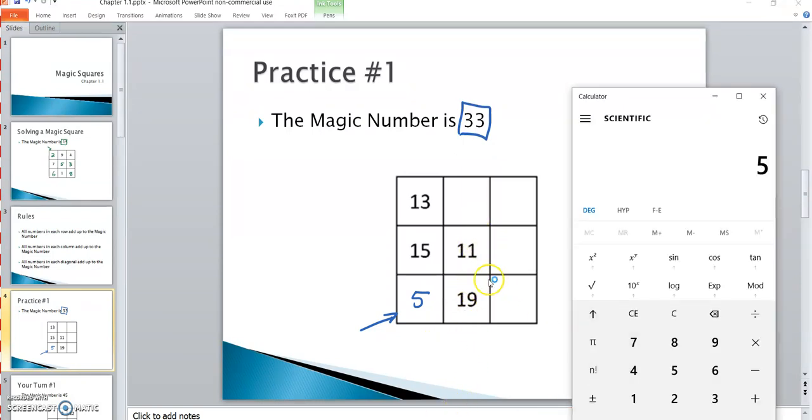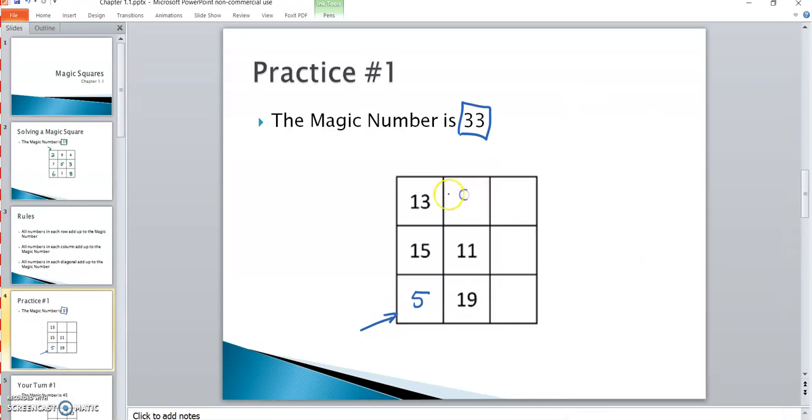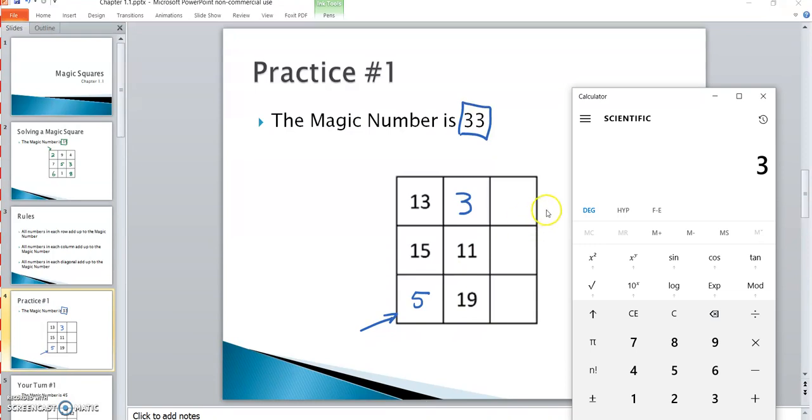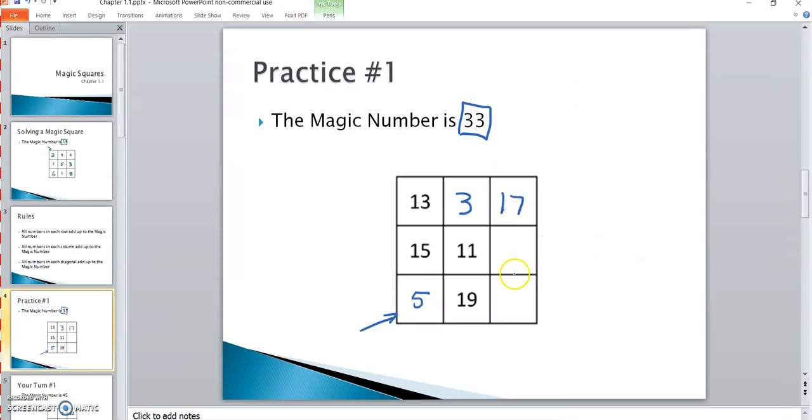And similarly, I can figure out this one. 33 minus 11 minus 19, and I get 3. If you feel most comfortable with your calculator, just use your calculator. I'm going to go find this one. And that's 17.